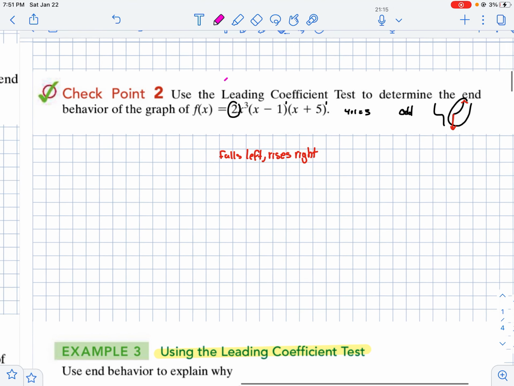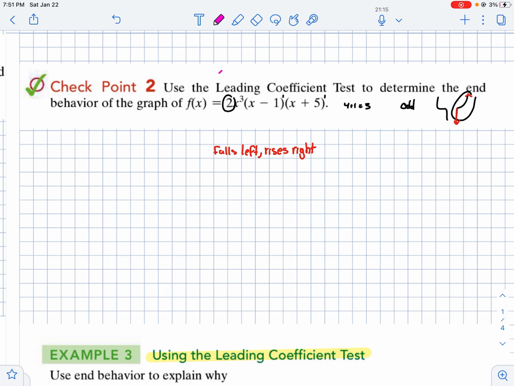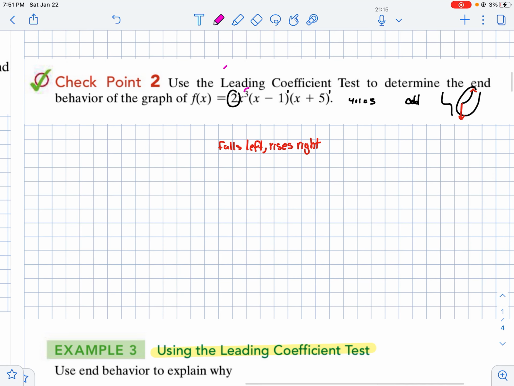And this next one is a little bit different, and I chose it because it's different. It's not going to be the same for the degree part, where you look to see whether it's even or odd. You're not just looking at this one, because there are parentheses.